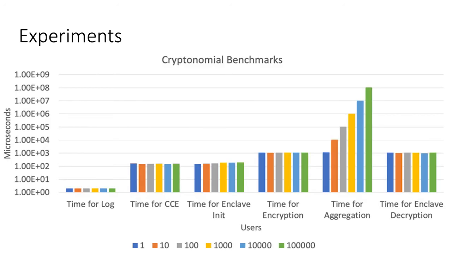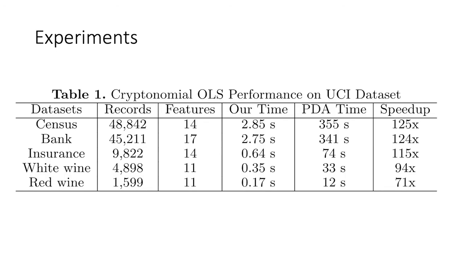First, we took some benchmark measurements to see how well our protocol scales as we increase the number of users, and we can see it scales at a relatively linear rate, which we find promising. Later, we computed a linear regression over data taken from the UCI machine learning dataset database, and we compared the running time of our protocol to the existing work of Zheng, which is known as PDA.